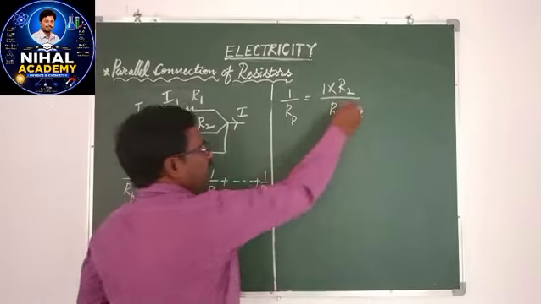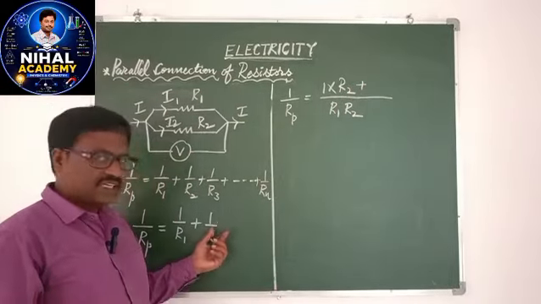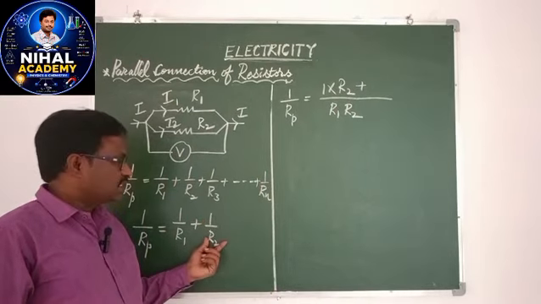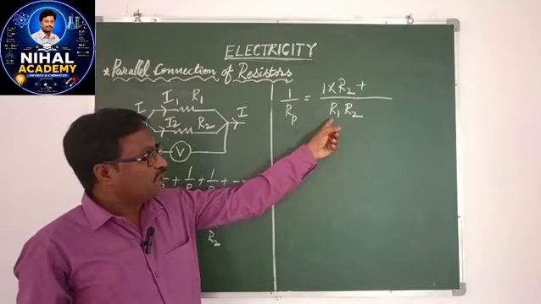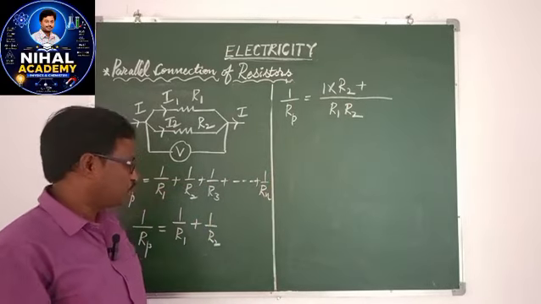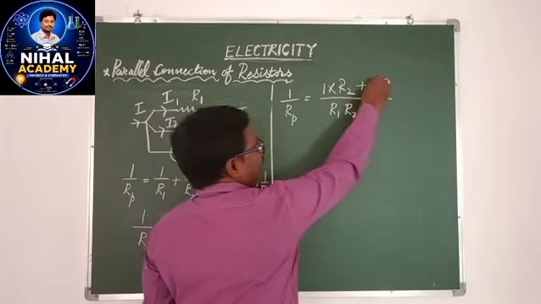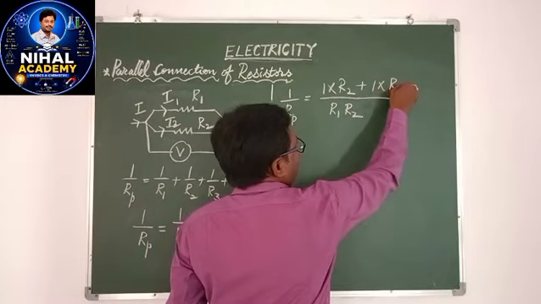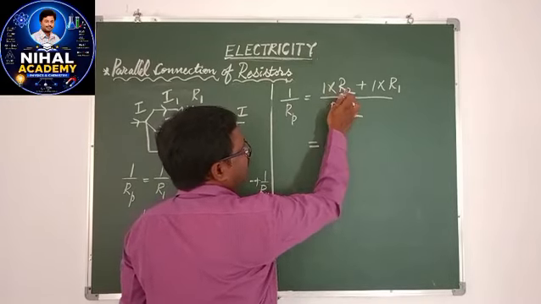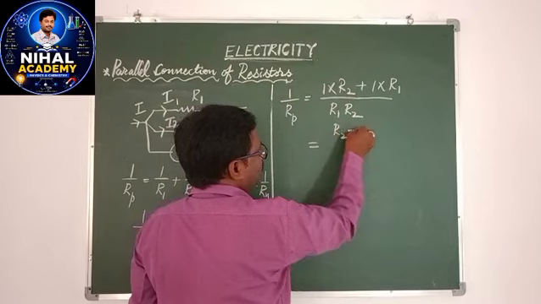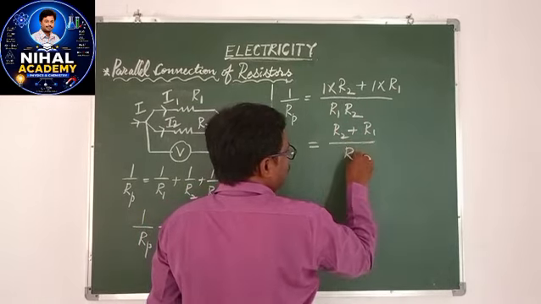And here is the plus symbol, so write the plus as it is. The denominator of the second fraction is R2. This R2 cancels, which means R1 times cancels in R1 R2. So here the numerator is 1 into R1. If you simplify this, 1 into R2 means R2 plus 1 into R1 means R1, by R1 R2.